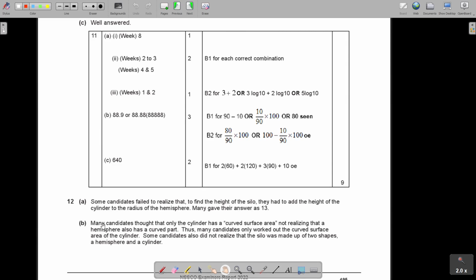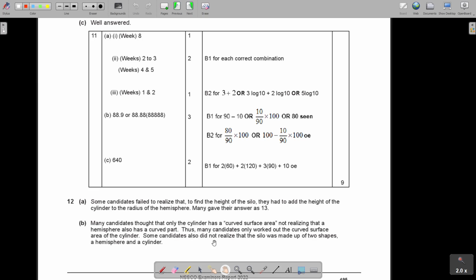Number B, and that is now the curved surface area. Many candidates thought that only the cylinder has a curved surface area, not realizing that a hemisphere also has a curved part. Thus, many candidates only work out the curved surface area of the cylinder.